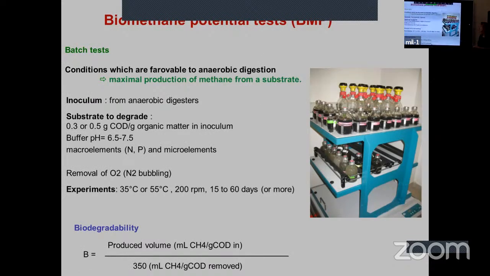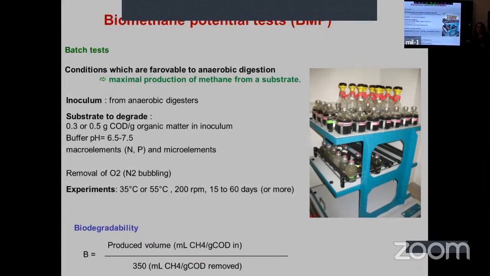It is a very famous test, and in the literature, most of the papers use this kind of assessment because it's quite simple, and also you can make a lot of experiments in parallel. So you put yourself in conditions which are favorable to anaerobic digestion in order to estimate the maximal production of methane you can extract from the substrate.